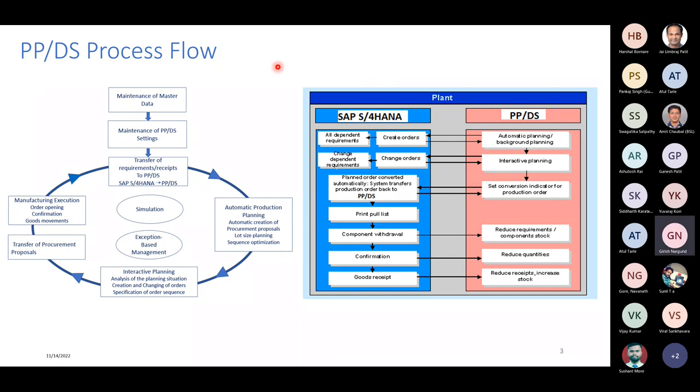Sorry, this lot size you're talking about is taken from the PP master data, let us say it is EX in ECC or S4 HANA. Correct. There can be another lot size in PPDS. So which one will be taken into account in the run? No, there are multiple fields in PPDS.